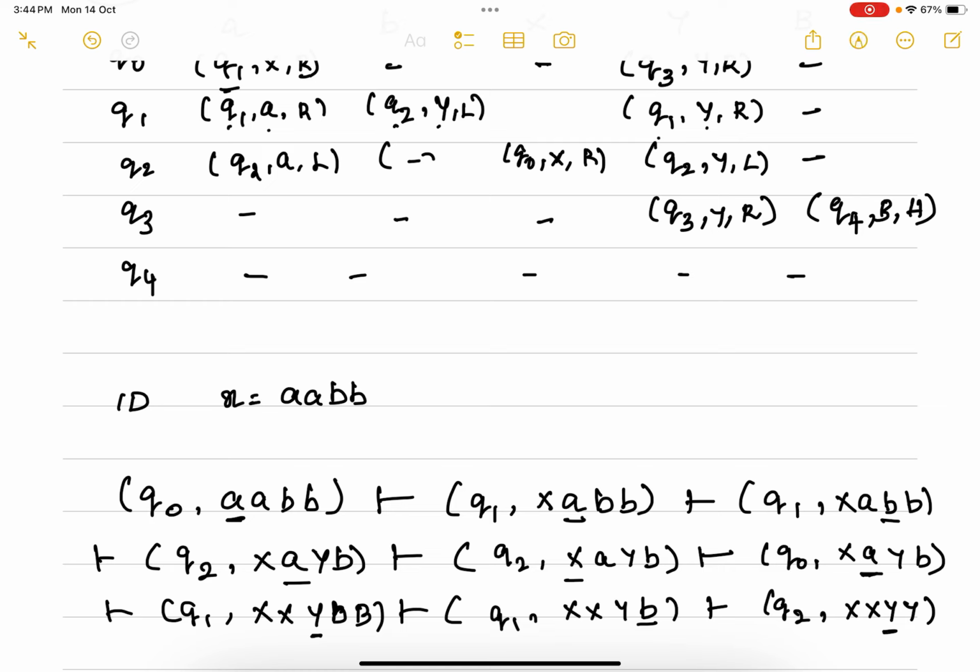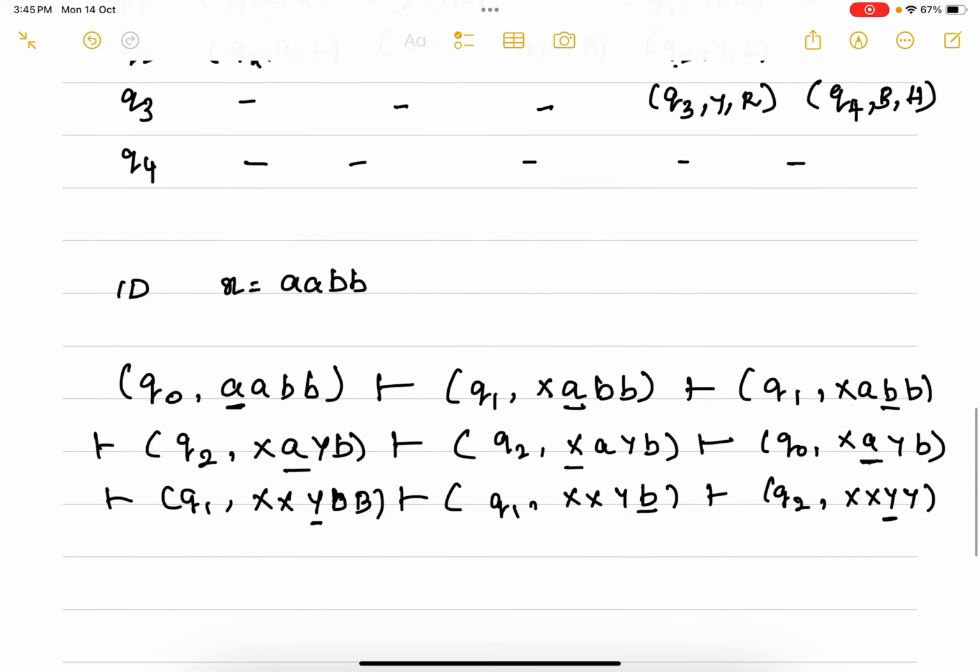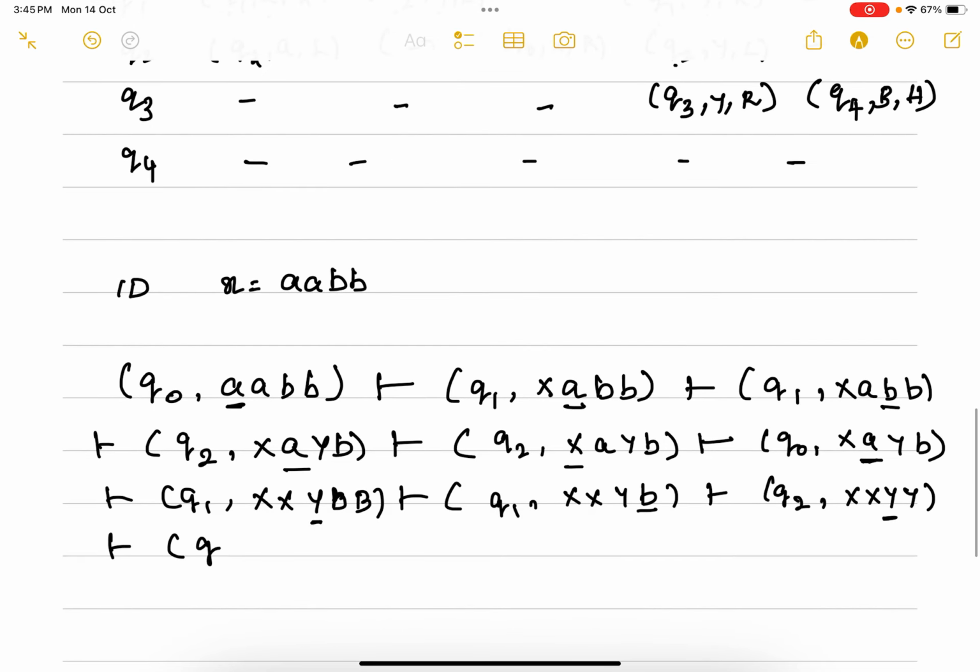Again when Q2 reads y, you move towards the left. Q2: x x y y blank. Now Q2 reads x.